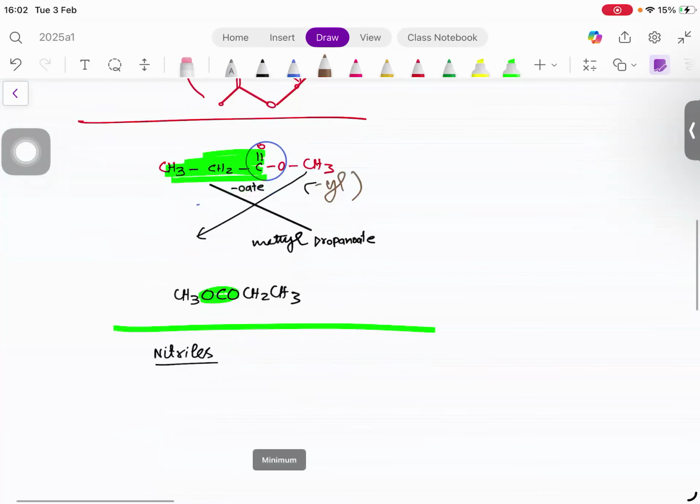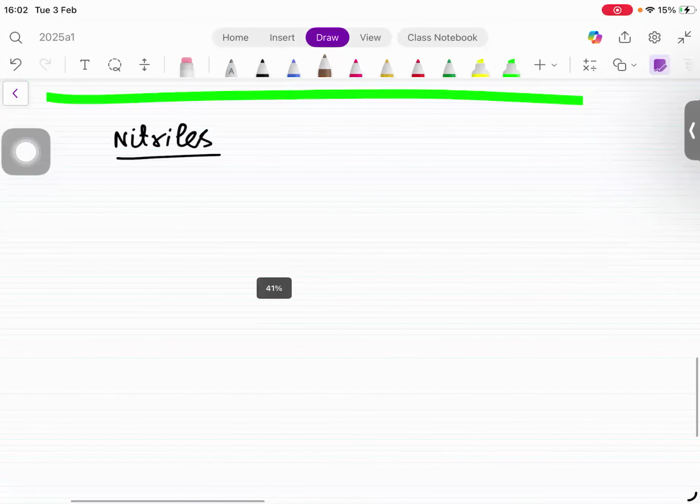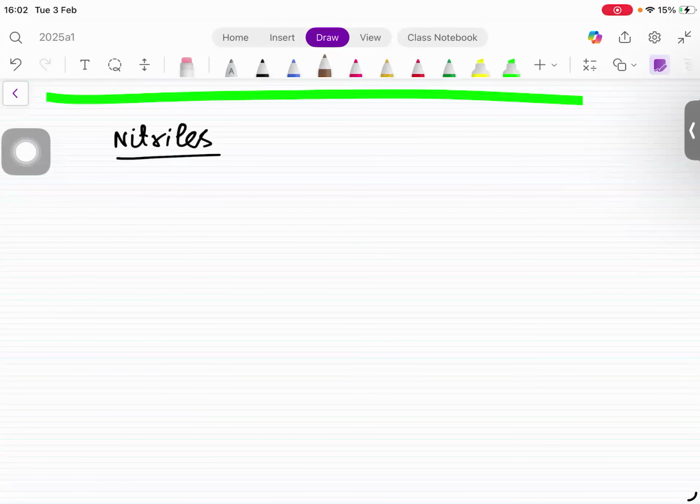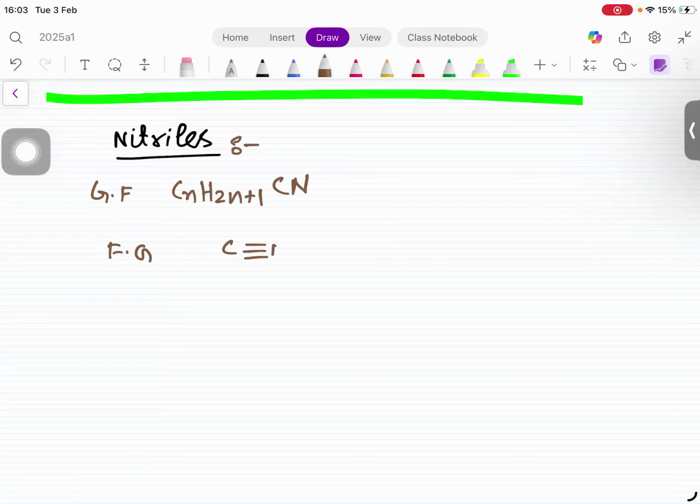Please pay attention. Nitriles have the general formula CnH2n+1CN. The functional group is C triple bond N for the nitriles.